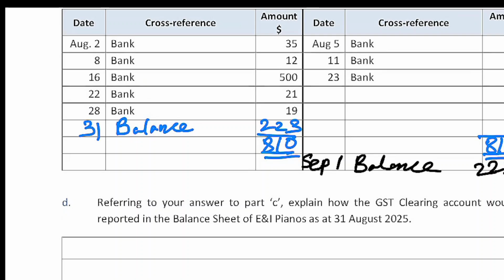Take down the answer. GST clearing should be reported as a current liability because it is a present obligation as a result of past events.